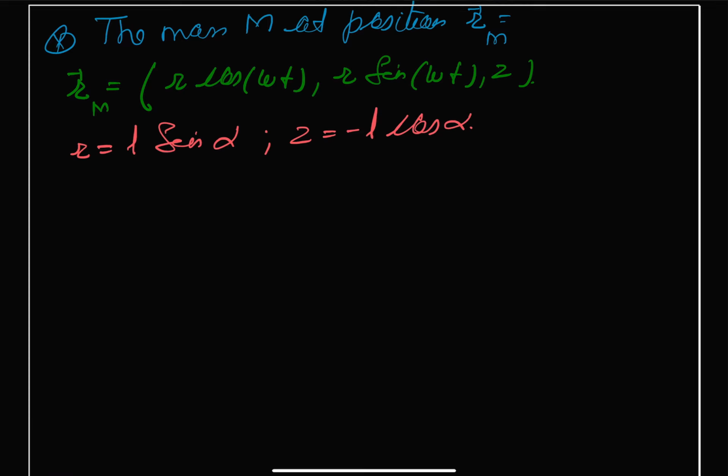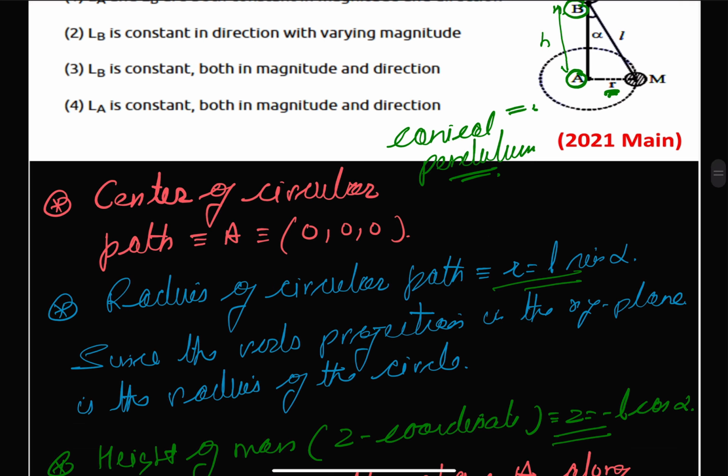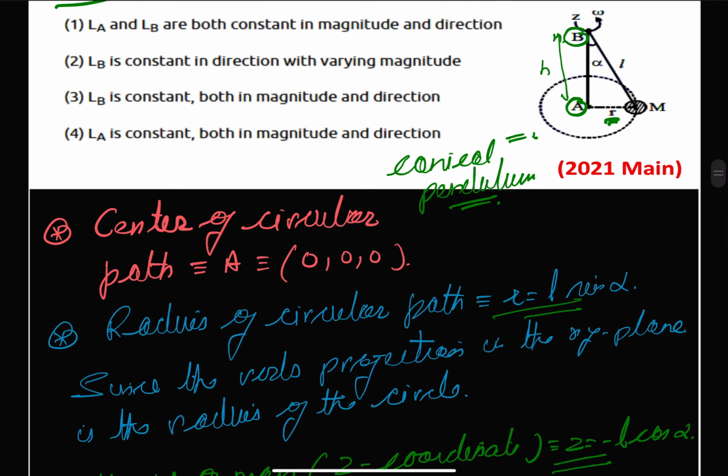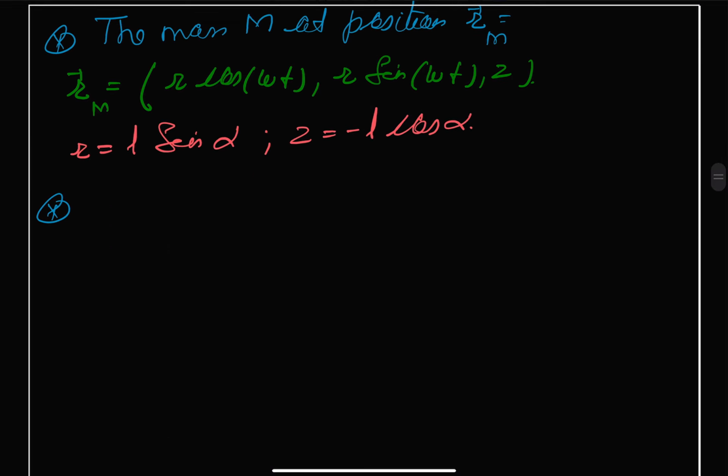Now we can calculate the distance from B to M, and that is nothing but our rod length L. Distance from B to M is the length of the rod, that is our L, and we can also calculate it with respect to their coordinates.